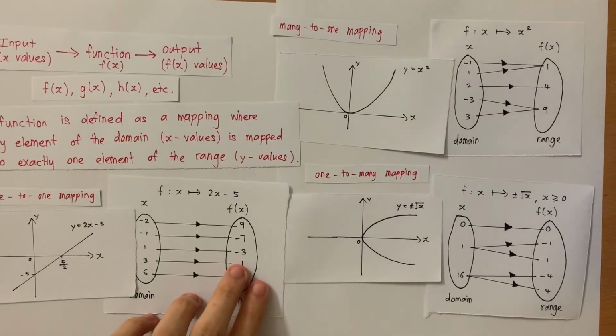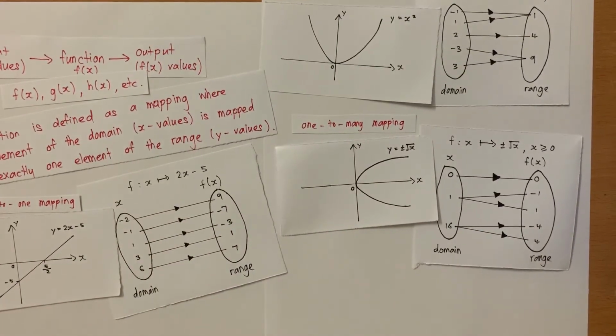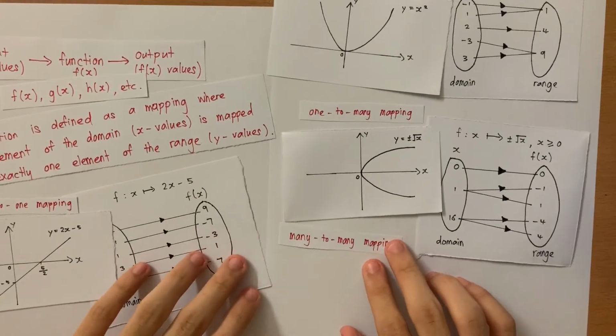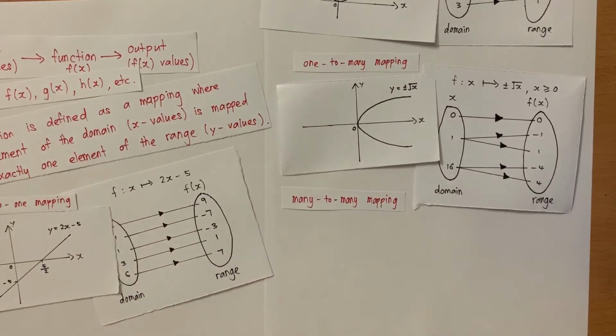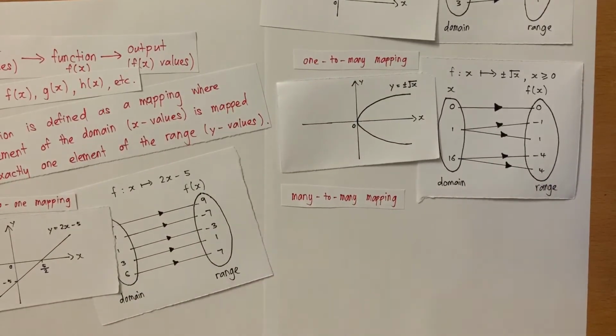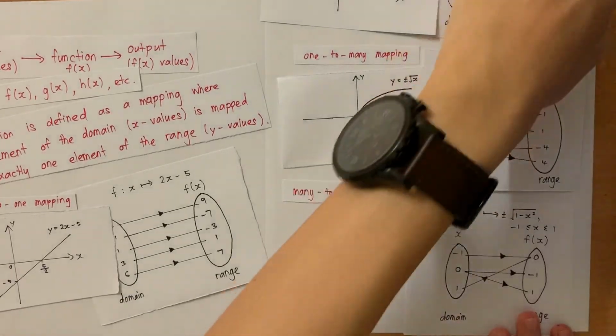And the last one, I'm just going to move it up because I don't have space, and that is many-to-many mapping. Many-to-many mapping, as you can imagine, is the combination really of many-to-one mapping and one-to-many mapping. It looks like that. It's very complicated, I must say.